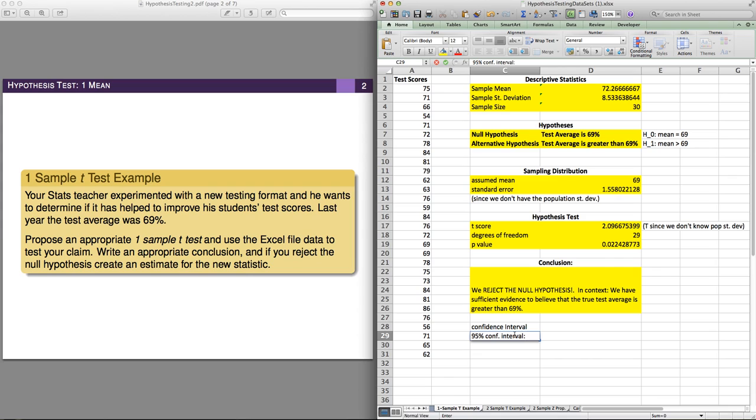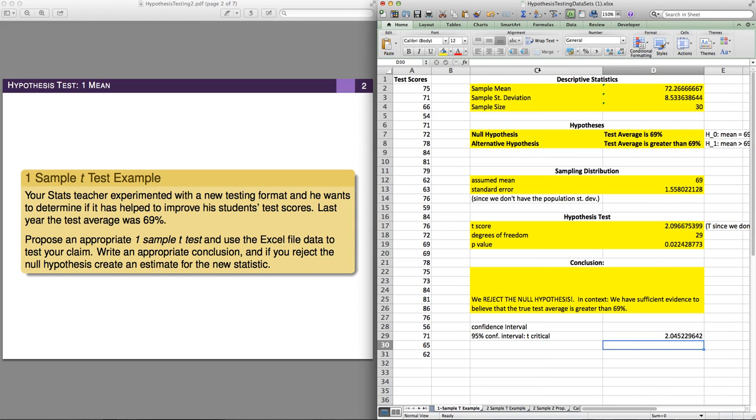So I want the critical t-score. This is t dot inverse of 0.975 with, where's our degrees of freedom? There's our degrees of freedom. That's how far out I want to go.